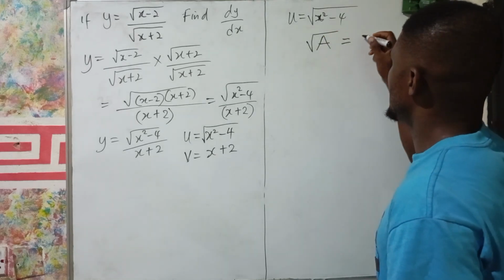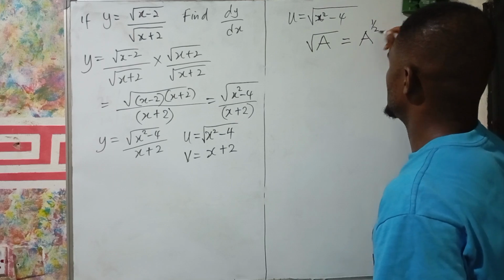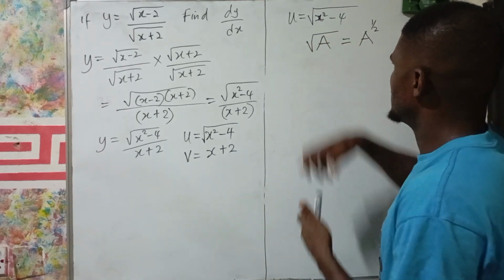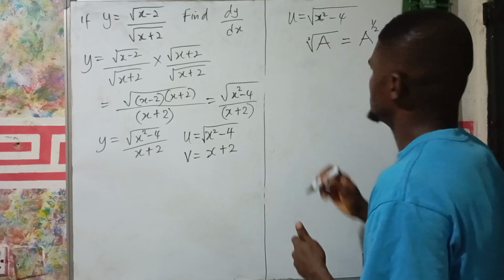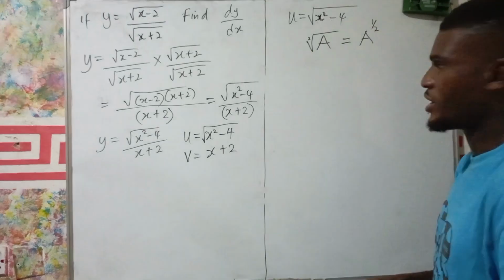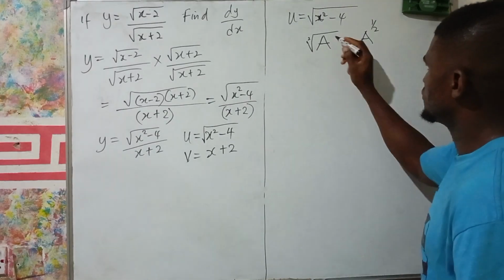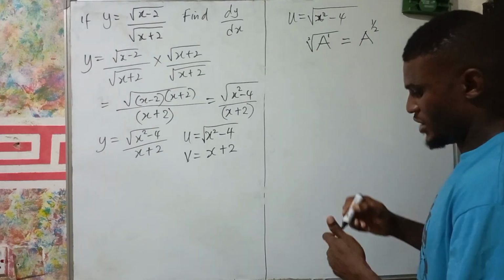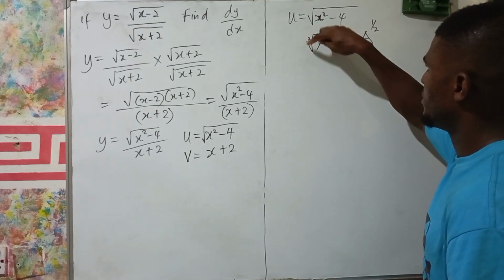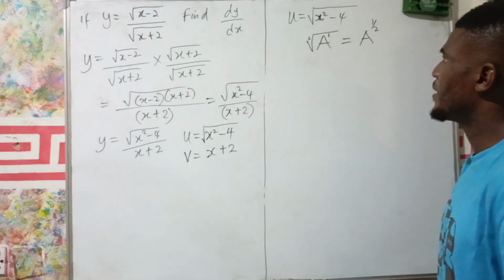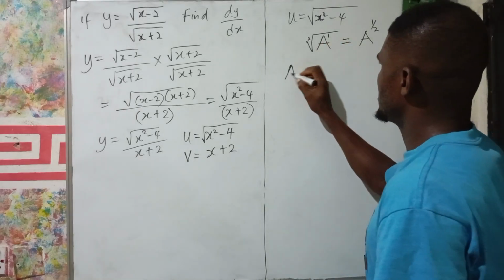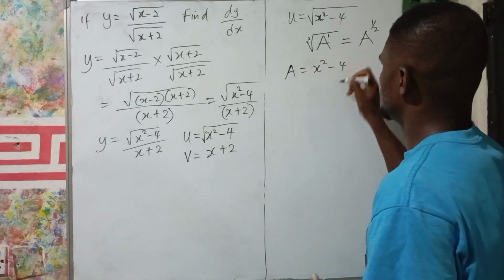Then this means that a here is raised to the power of 1 over 2, since it is a root. And this root has a power of 2. So that's why we have 1 over 2. The 1 comes from the power of a here. The power of a is 1, so I have 1 over the power of the root, which is 2. So what we've done here means that a is equal to x squared minus 4.